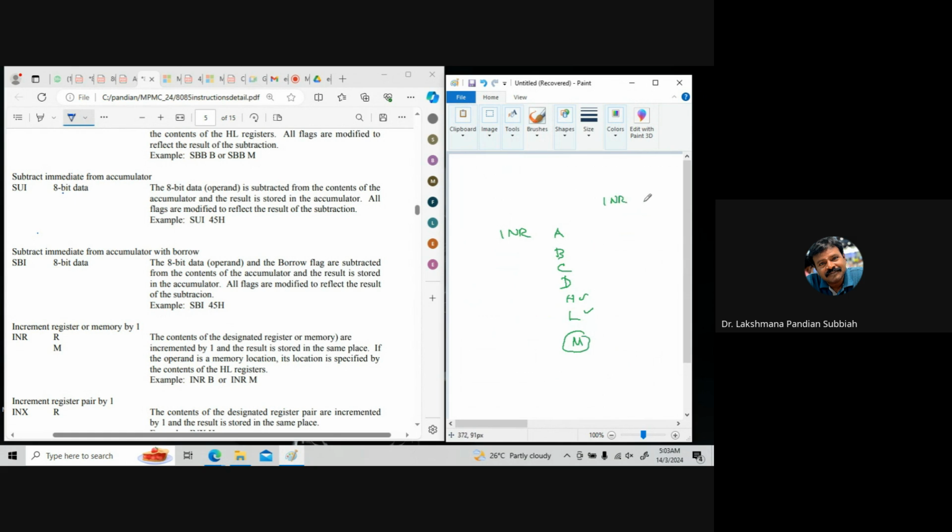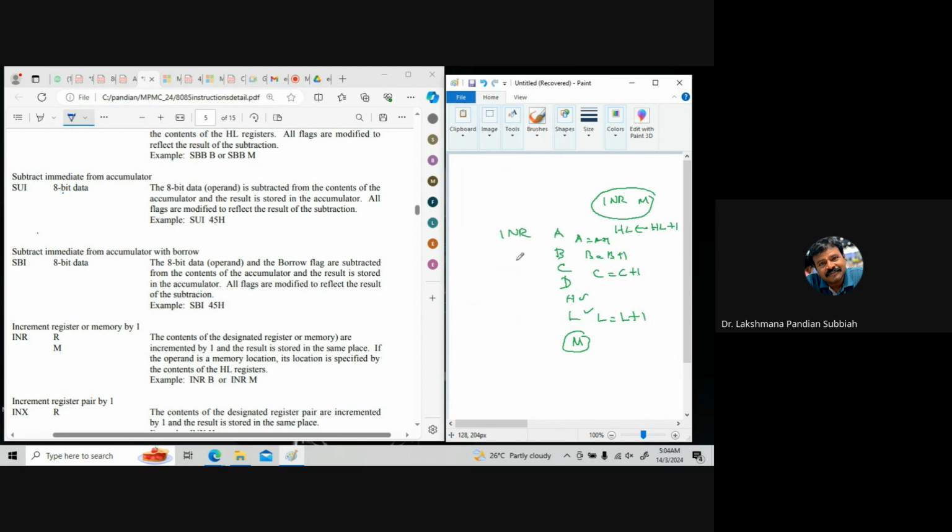INR M means HL equal to HL plus 1. INR A means A equals A plus 1, B equals B plus 1, C equals C plus 1, and so on, L equals L plus 1. So this is the case you have to consider as INR.